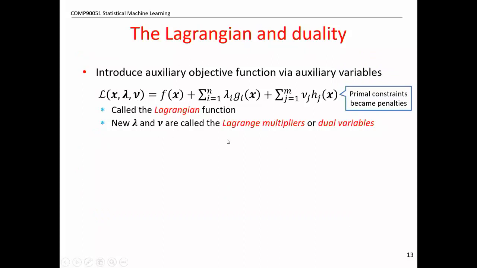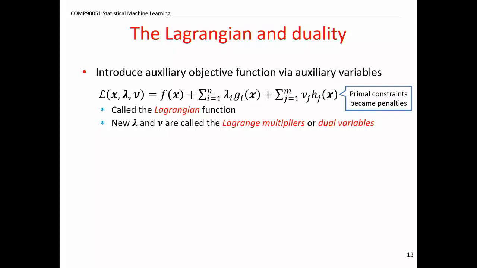So the first thing we can do is introduce what's called the Lagrangian function. And what's a bit annoying about this area is the word Lagrange just appears a million times, and it's really easy to muddle up these ideas because the names sound so similar. So there's this special function called the Lagrangian function, and it's basically just your objective function plus soft penalties for your constraints.